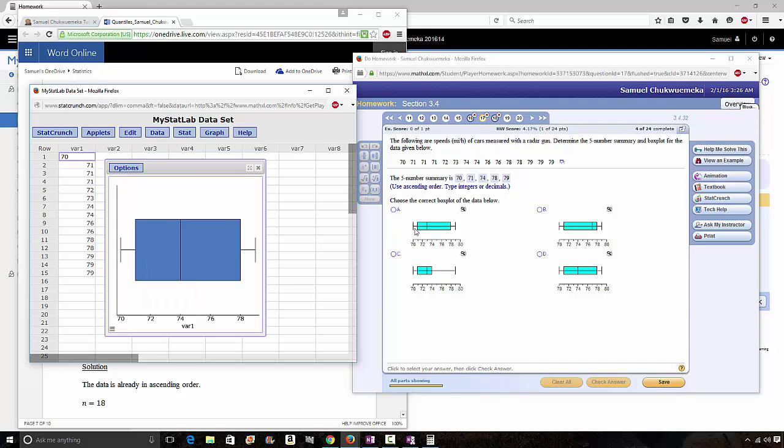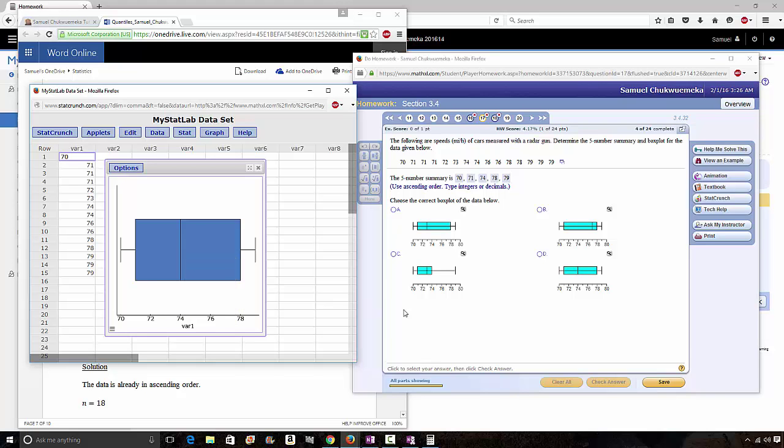So because the minimum is 70, A can be correct, B can be correct, C can be correct, D can be correct. Maximum is 79. A, B, C, and D can be correct. Then you look at this, check the median.